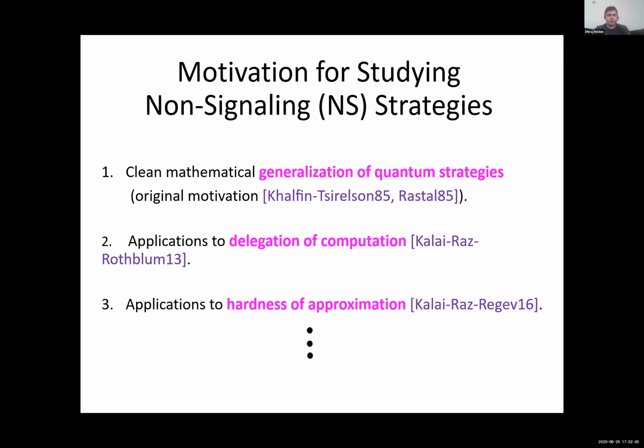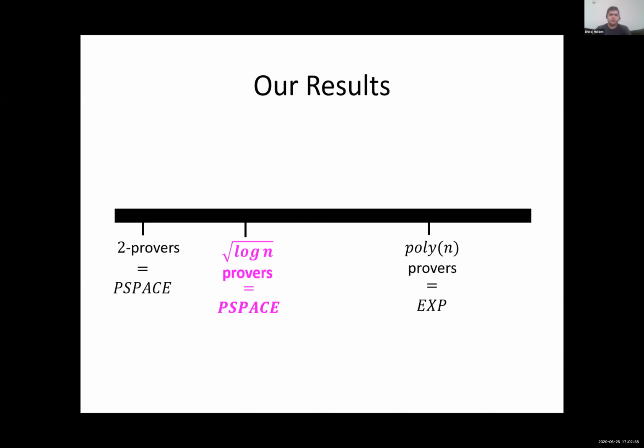And later it was shown that there were applications to both delegation and hardness of approximation of computations. So what do we know? We know that for two provers, you can solve it in p-space, and poly n provers can do everything in exp.